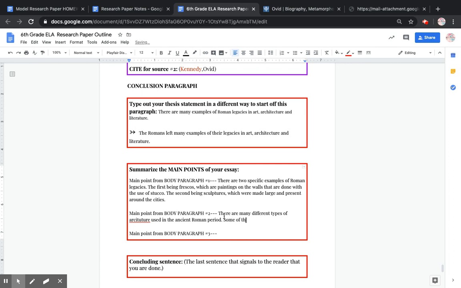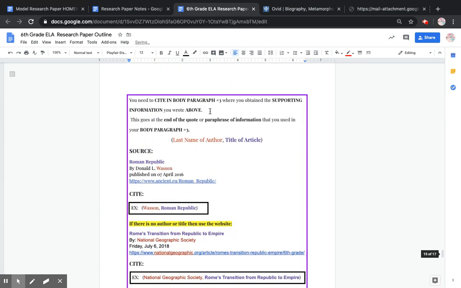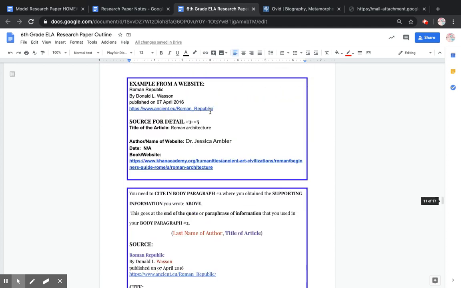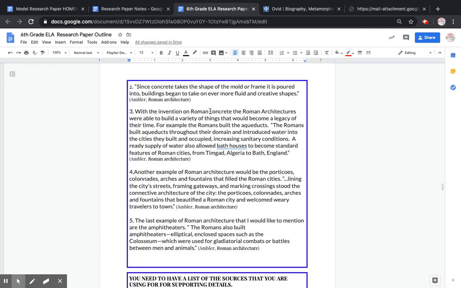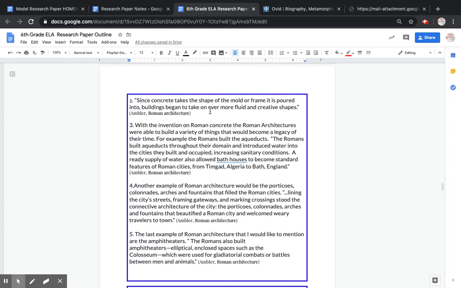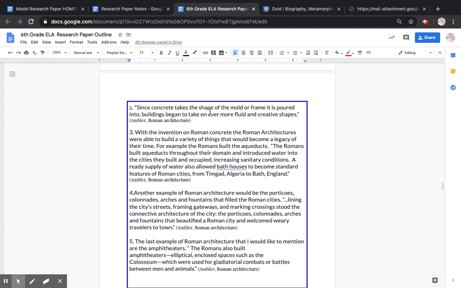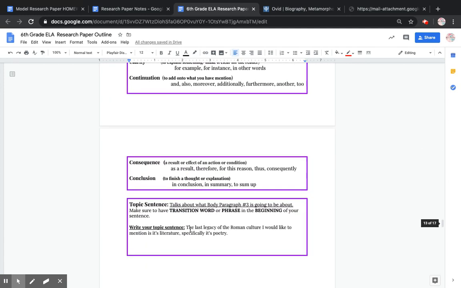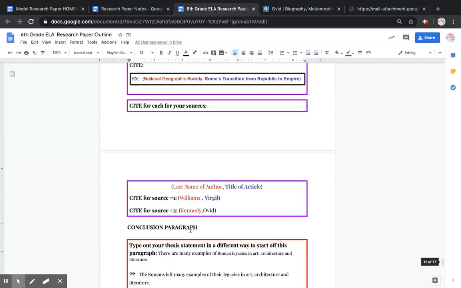Some of those included, so we're going to go up to the blue, and I want to look at all 5 of those. So I talked about the aqueducts, I talked about arches and fountains, and amphitheaters. So I'm going to go back down here.